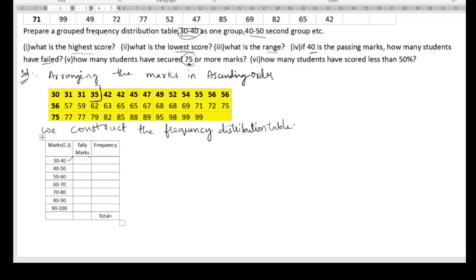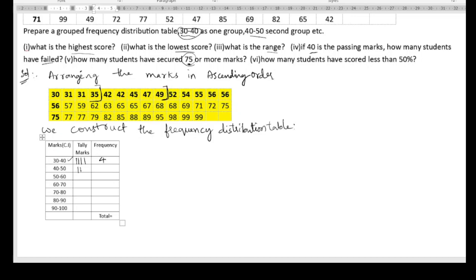How many numbers are there? 4. So let us draw 4 lines and write 4. Next, 40 to 50: we check before 50, that is before 52 here. 1, 2, 3, 4, 5.